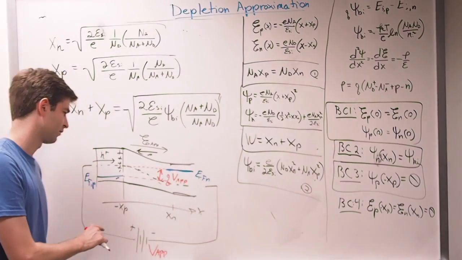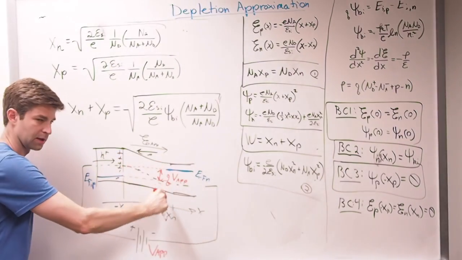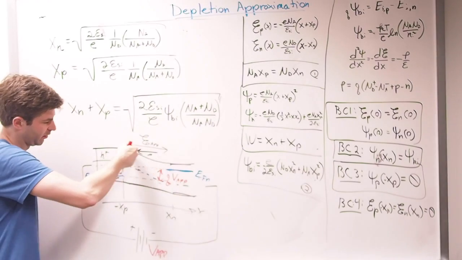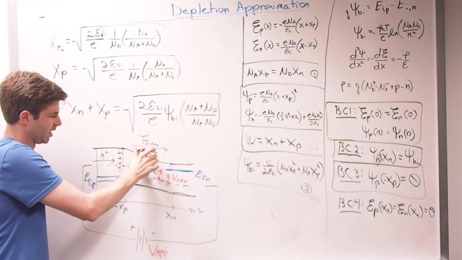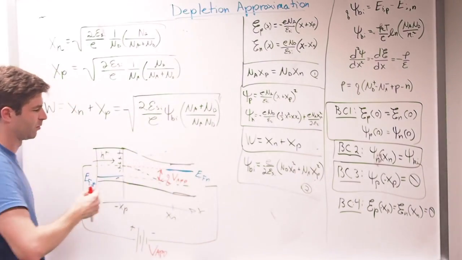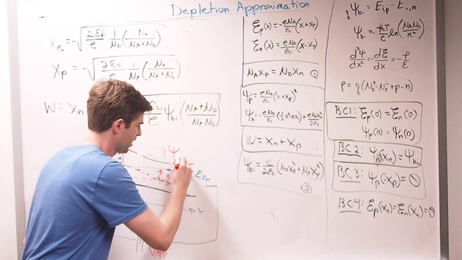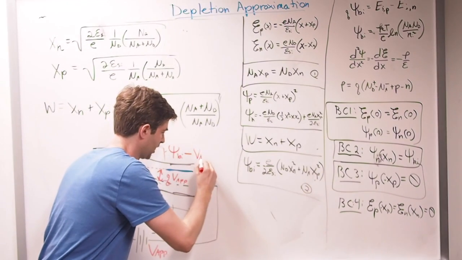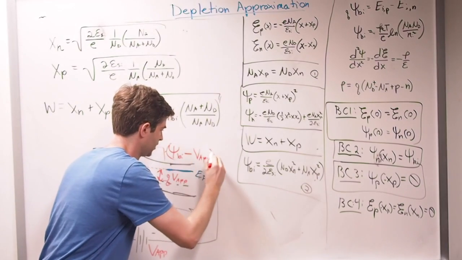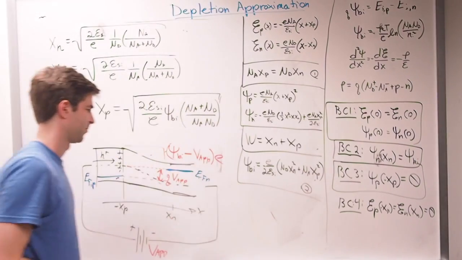So we apply an external voltage, and holes build up here, electrons build up here. This applied electric field works against the built-in electric field and lowers it. And then our new potential across here is now psi BI minus V applied. I should say, it was Q times the electric field E, right?